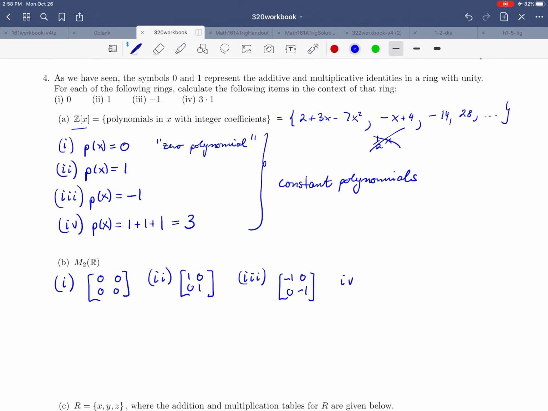And then what does 3 times 1 look like? Well, that is 1001 plus 1001 plus 1001, which actually is 3003 in our set of 2 by 2 matrices.